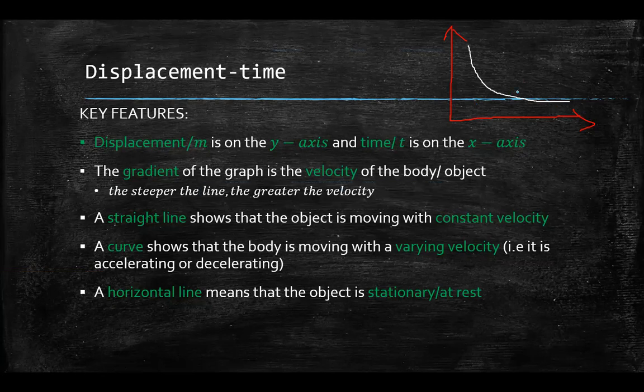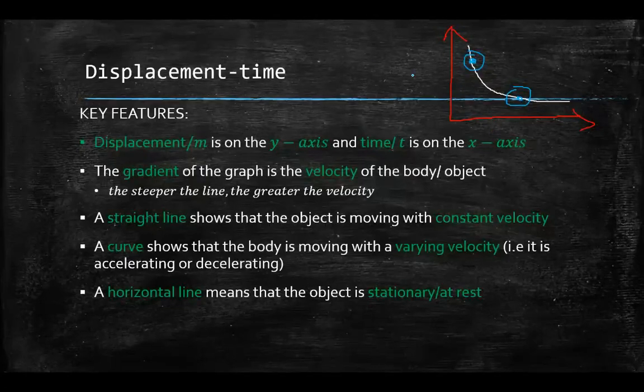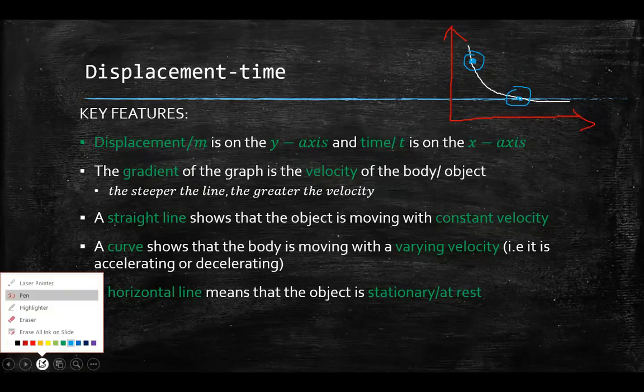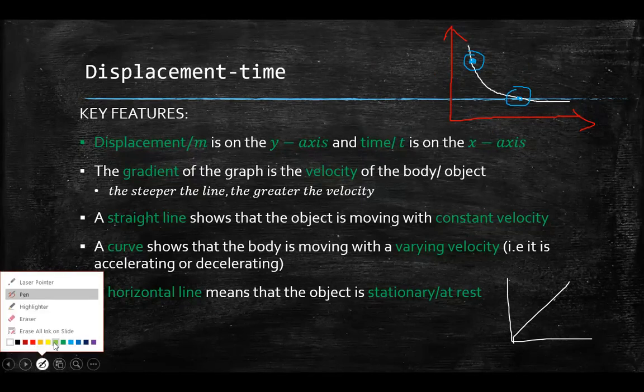So let's say I have a point here. I want to find out the gradient here and here. Would the gradient at this point be the same as the gradient at this point? A straight line. The gradient is constant.